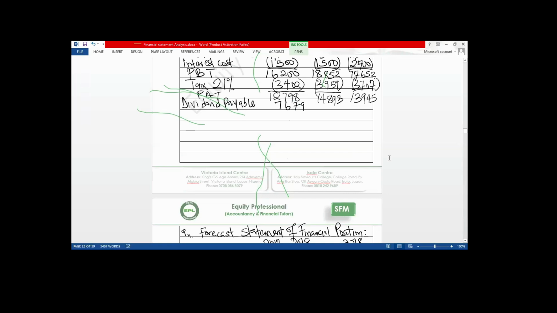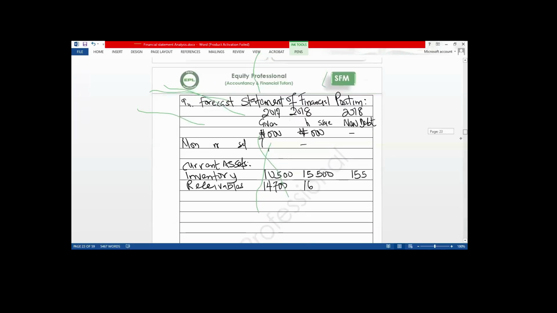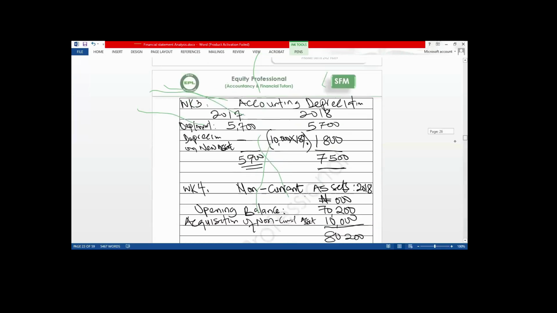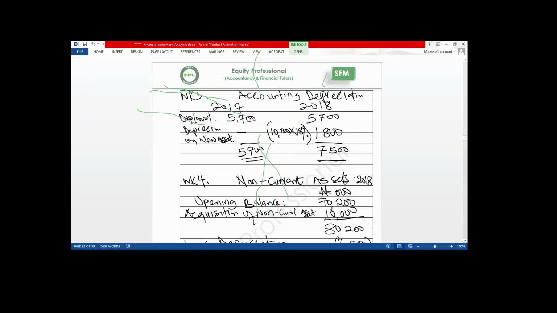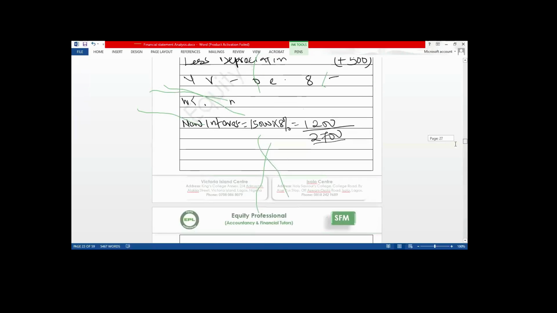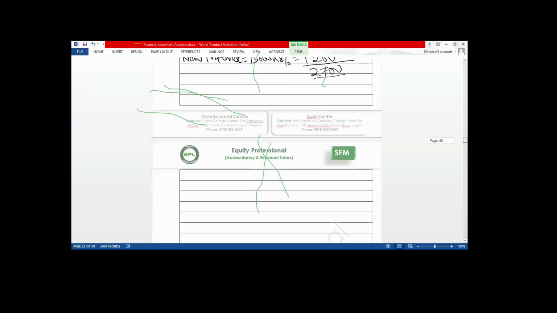We can now calculate the dividend payout ratio. That will take us to working 6.